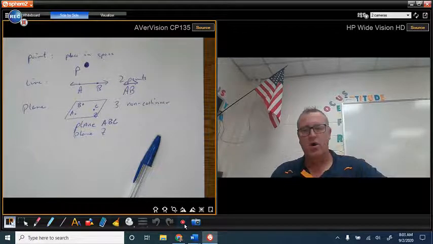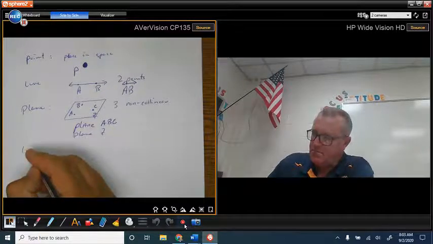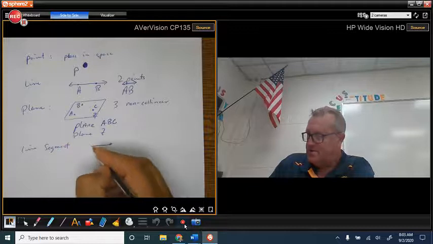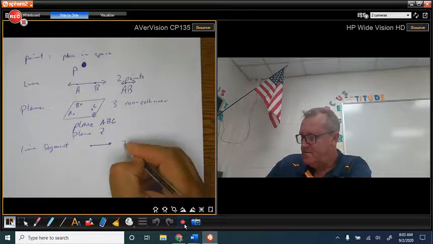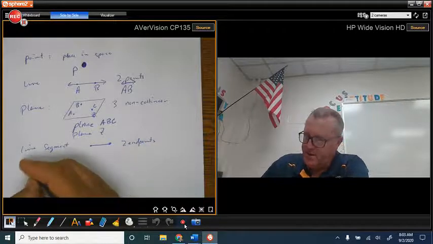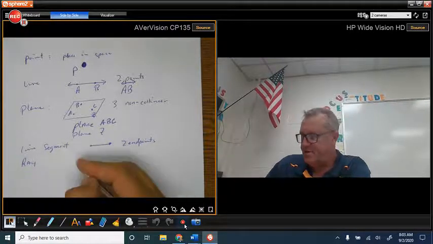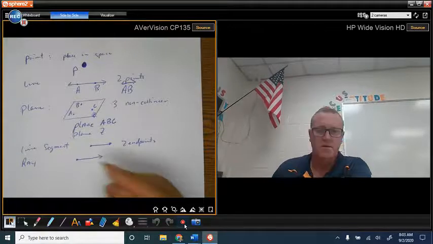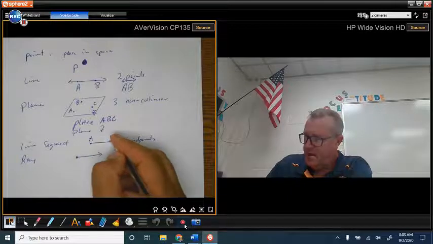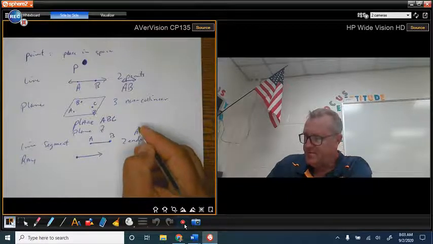They keep going. They talk about a line segment, which just means it has 2 endpoints. This is review, something we've already talked about. They talk about a ray, which is the combination. It's got an endpoint here. This would be AB. When you name a segment, it looks like that.